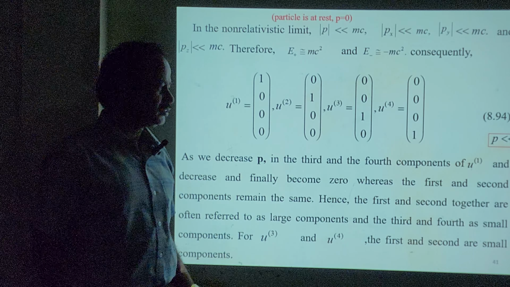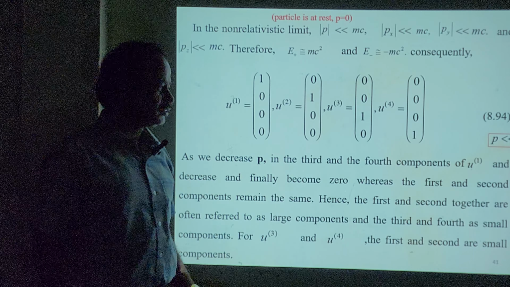So this is U1, this is U2, this is the column vector for U3, and this is the column vector for U4. These are all wave functions, four components. I am going to represent each as a ket vector with two labels, like plus and plus. The first one represents the sign of energy, E plus.